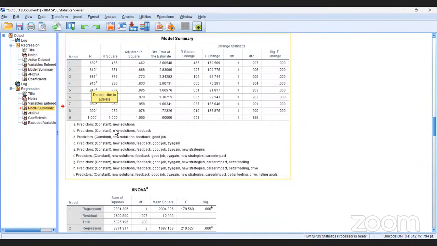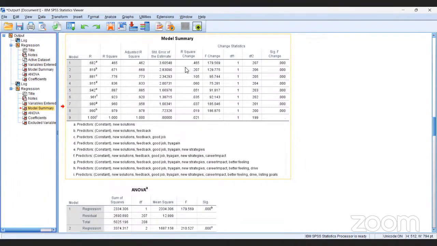So all of them included, that is the 99%. And here you can find 98%. 98% is the R square. That means these items are highly correlated with the total score.